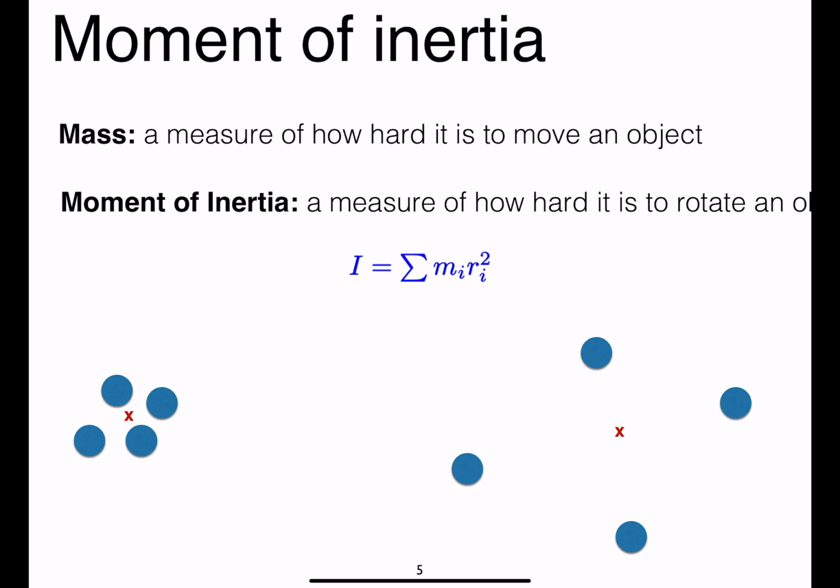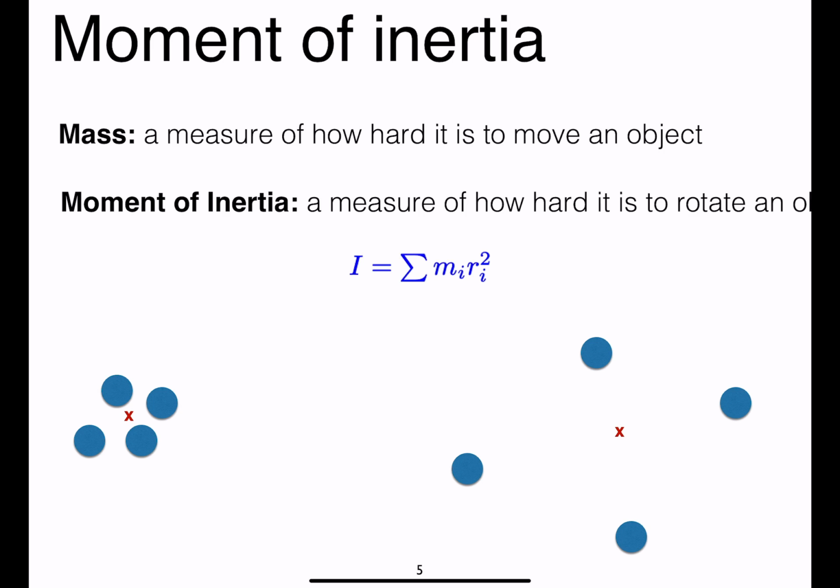If you're at the gym and take a barbell and a dumbbell of the same mass, let's say a 20-pound barbell versus a 20-pound dumbbell, and try to rotate them vertically, it's harder to rotate the barbell because the mass is distributed far away from the center.